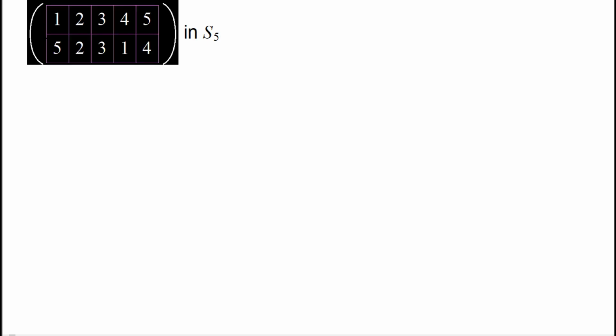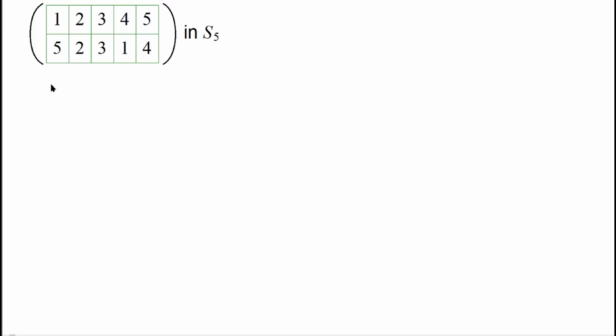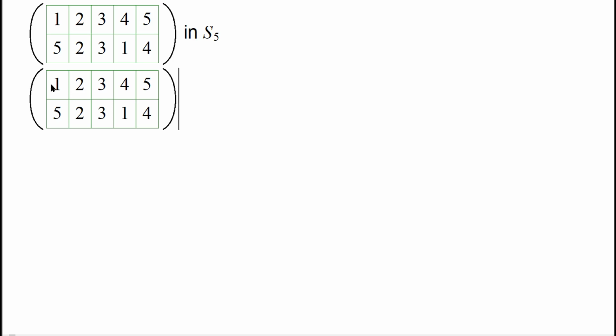And we are just going to write it in a different way, as a cycle. Remember, I'm going to review cycles for you, and then we shall write it as a product of disjoint cycles later. So first notice this. These guys here, they don't move, right?